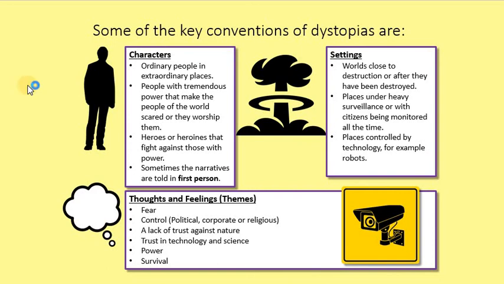The settings, this is really crucial. Worlds close to destruction, places under heavy surveillance with citizens, places controlled by technology, for example, robots. Thoughts and feelings, so fear, control. The control can come from political, corporate or religious sources. A lack of trust against nature, trust in technology and science, power and survival.